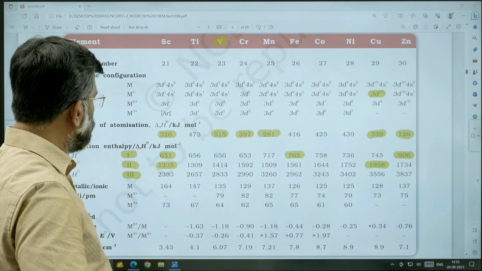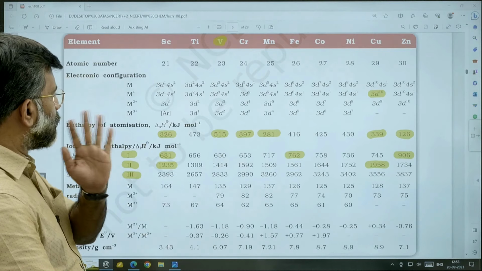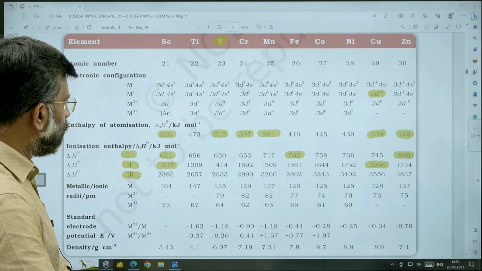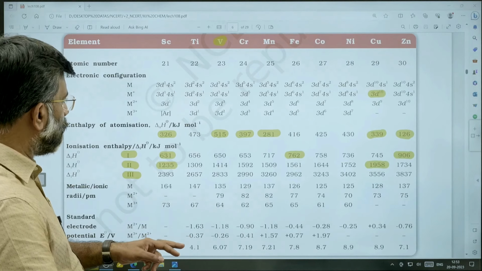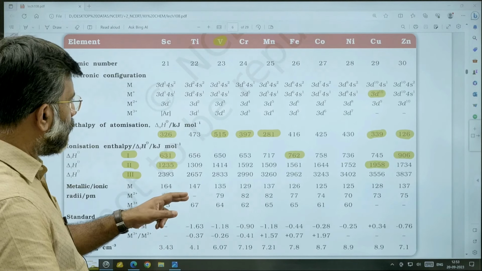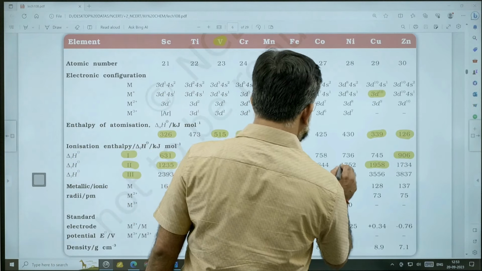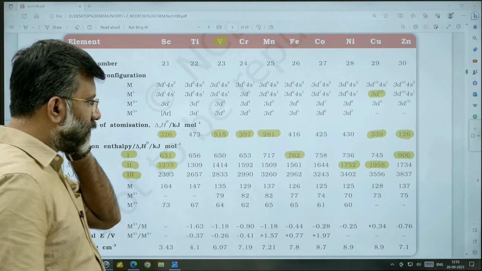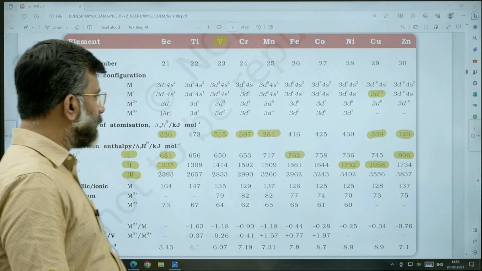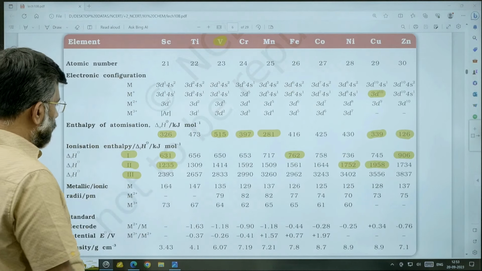So minimum value scandium, maximum value it is not zinc, in fact it is copper. And after copper, I think it is not even zinc. It is nickel, 1752, and after that only zinc is coming. Now what about the third ionization enthalpy?